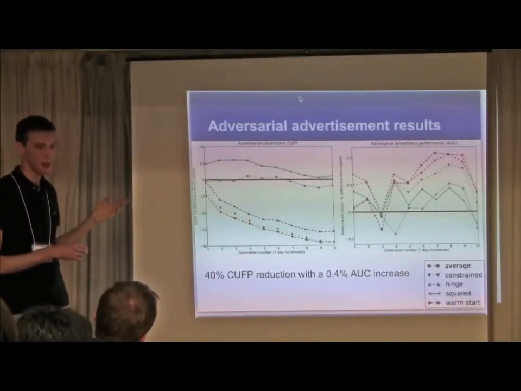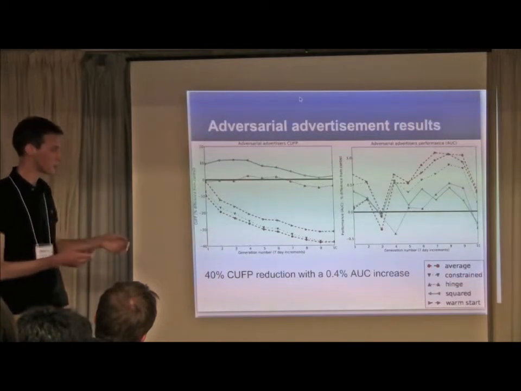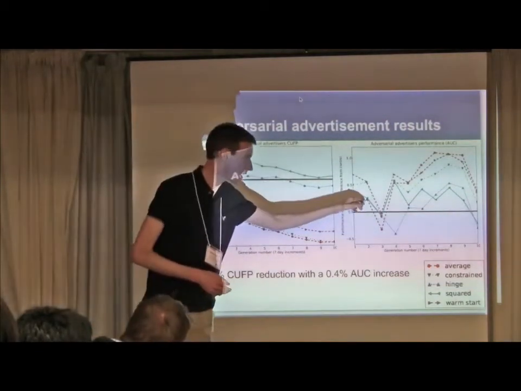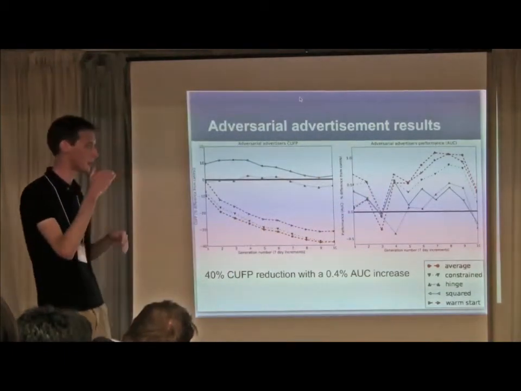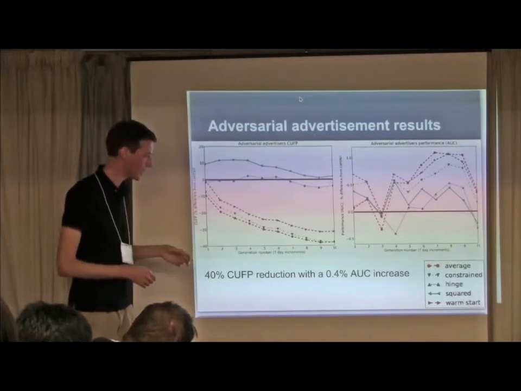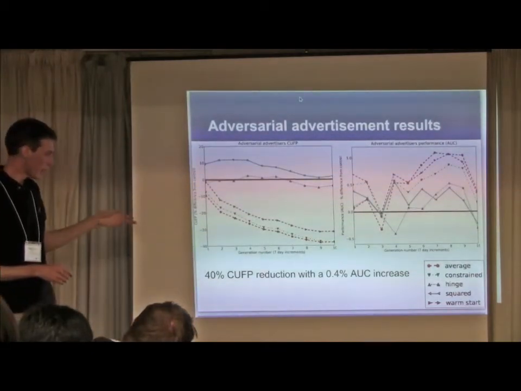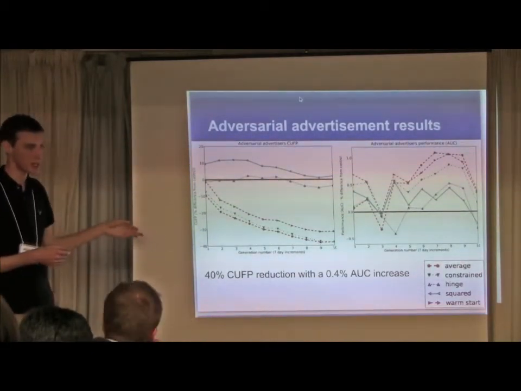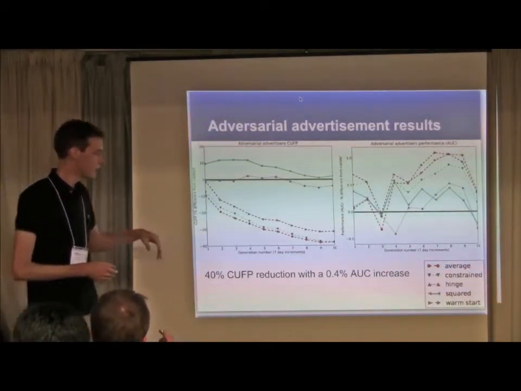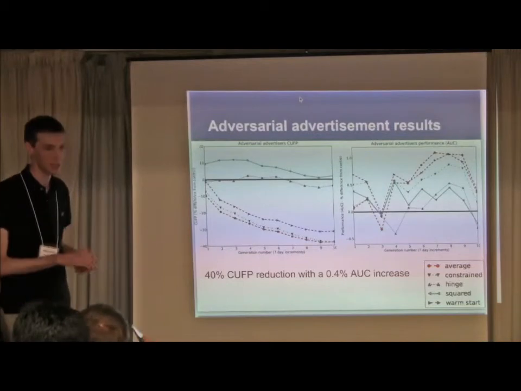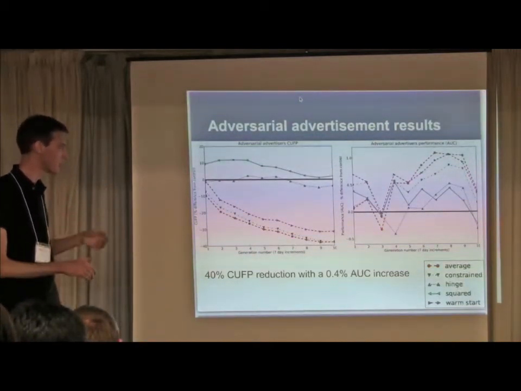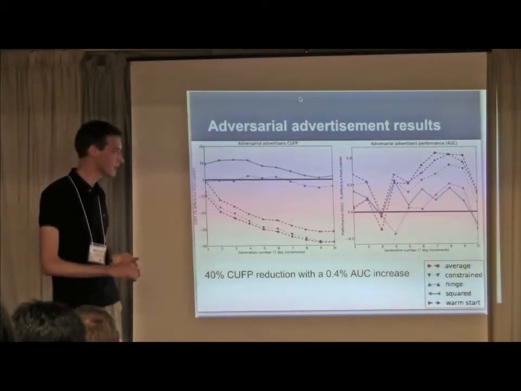On the left, we have the cumulative mean false positives, which is a measure of the system performance as a whole, and this is our instantaneous discriminative ability. You can see that weight-based methods did quite well. We get about a 40% reduction in cumulative mean false positives on this data set. And we actually increased AUC slightly, but in general, we're just hoping not to change it too much. So that was a little bit surprising.